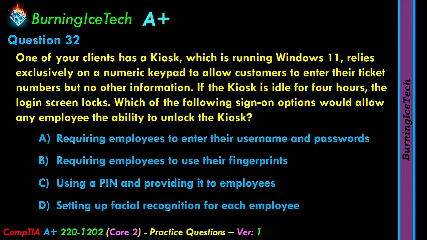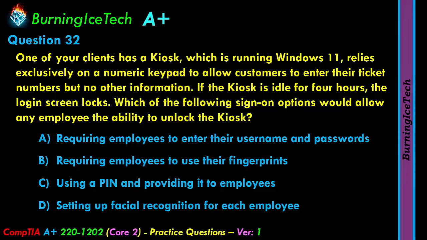Now remember, guys, the only input you can give this machine is using the numeric keypad, which means it's from 0 all the way to 9. That's the only input you can give this machine. Alright, now knowing that, which of the following sign-on options would allow you or any employee the ability to unlock this kiosk? Is it answer A, requiring the employees to enter their username and password?